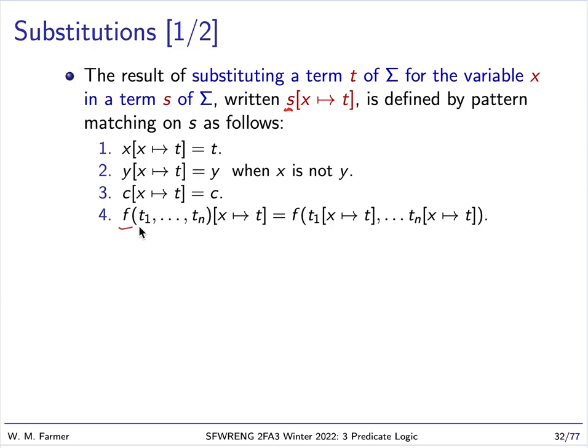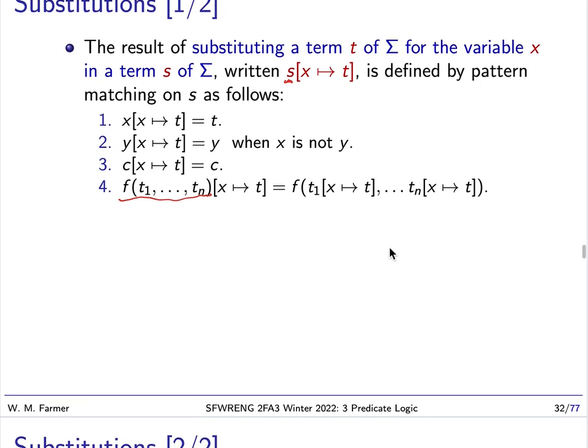If we have a function symbol application, then we're going to apply the substitution to every term. So it's going to be f applied to the substitution applied to t1, ... to the substitution applied to tn, and so forth. Okay, so that's how substitution of a term for a variable in a term works.